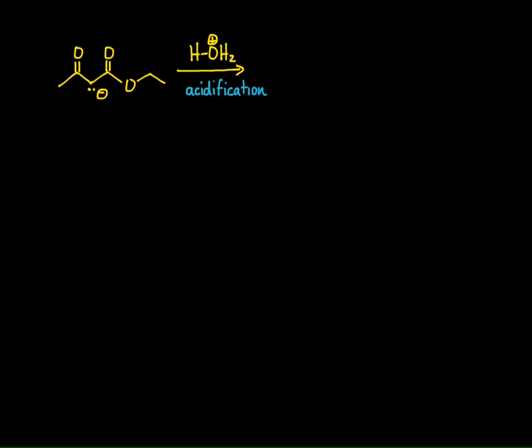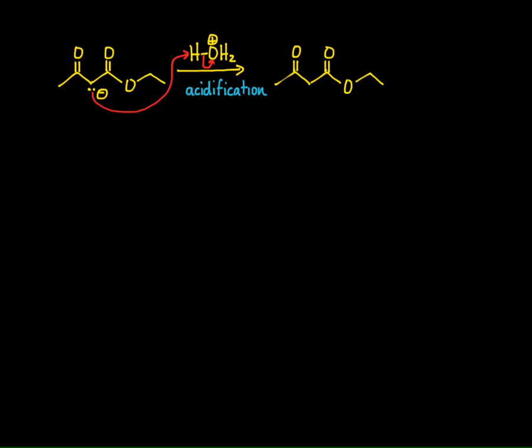So we treat that anion with an acid, could be sulfuric acid in water, hydrochloric acid in water, some dilute acidic aqueous conditions typically, and we can get our protonation to occur and formation of our neutral product.